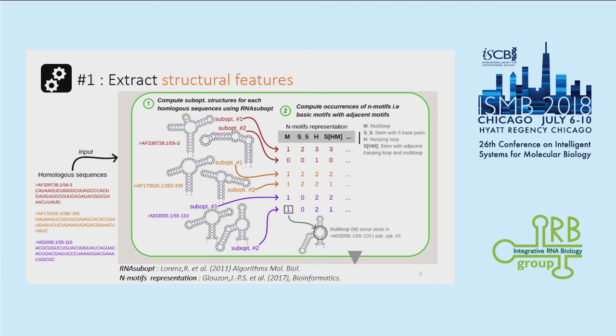So even if two suboptimal structures have one multi-loop but of different size, the conservation weight of this multi-loop will be really high. So we consider this fact, but also we consider the length in the N motif representation. So we have both pieces of information: the information about the motif and the information about the variability in terms of length. So this is not really a problem in our case.